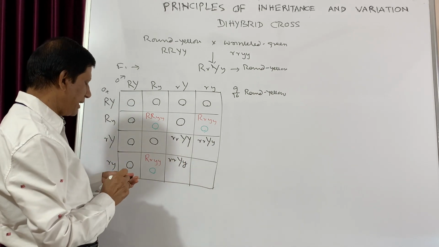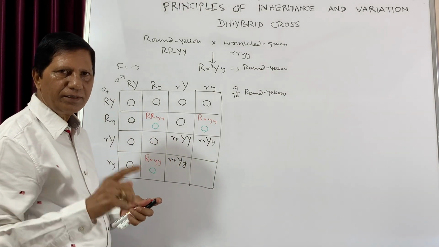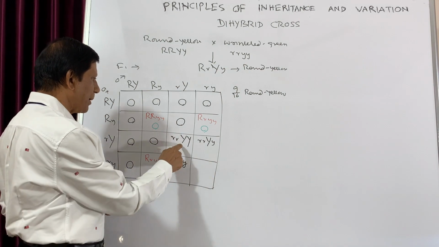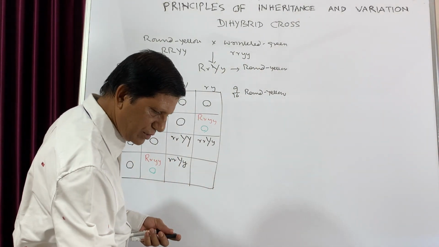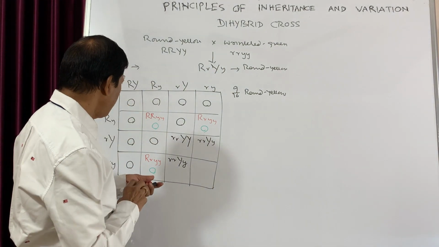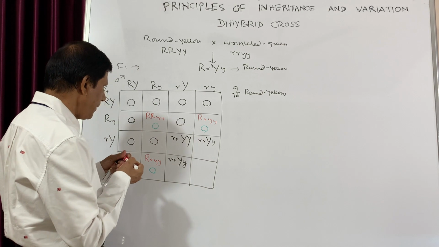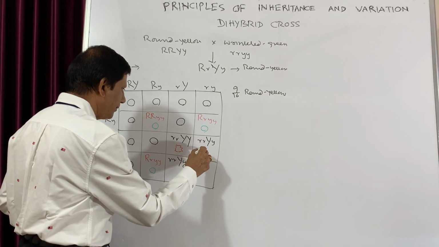Now see, here small r is present, in lowercase. That means it will be wrinkled. But capital Y is present. That means it will be yellow. That means in these cases, the seeds will be wrinkled and yellow.